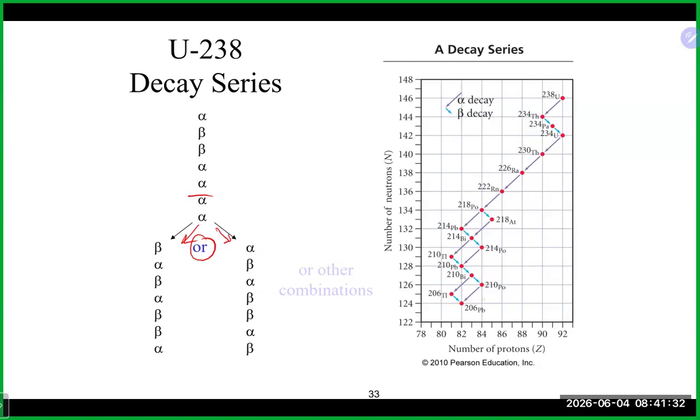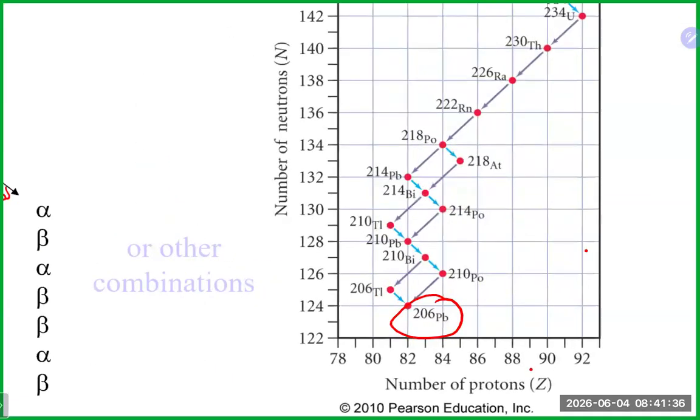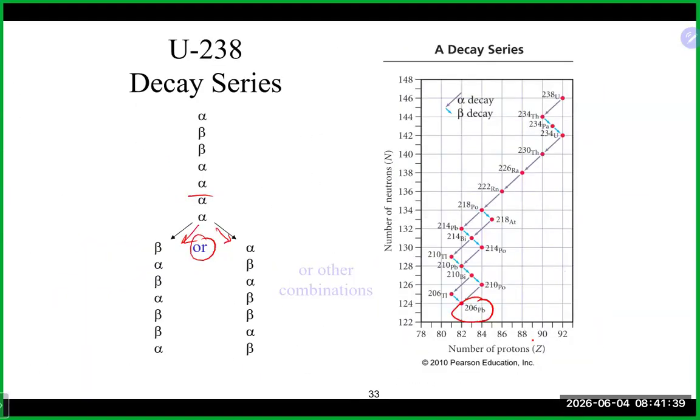They usually will all end up in the same spot, at lead-206 as a stable isotope. But again, that's one of the things that's very common in radioactive decay. You don't always get the same thing every single time it goes through a decay process. You sometimes get different products along the way.